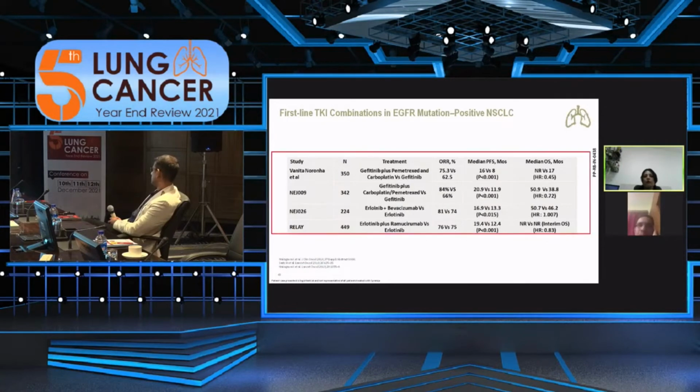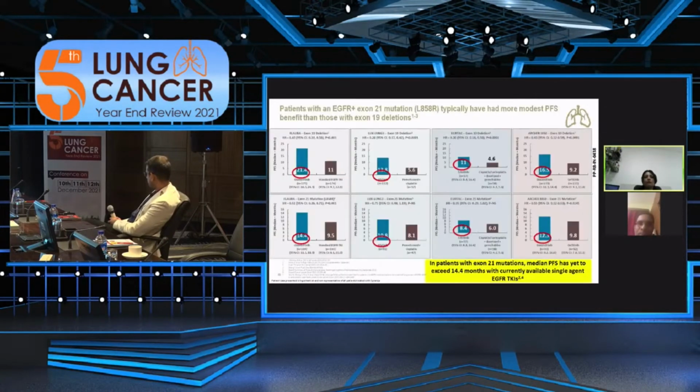And one of the most remarkable things is the benefit in the L858R alteration. So going by that, if you think about a particular patient who's presenting to you with exon 19 versus L858R, in your clinical practice, what do you choose today?